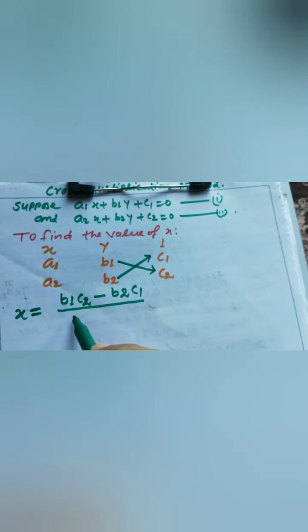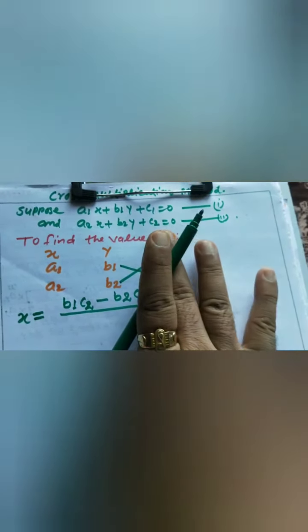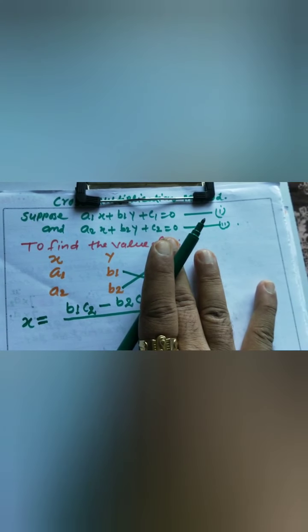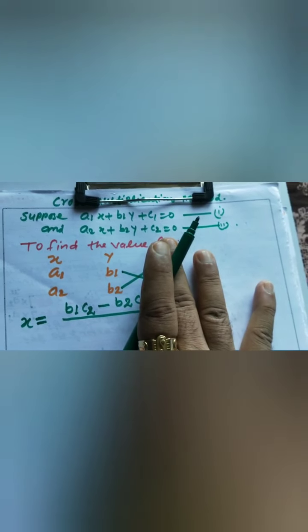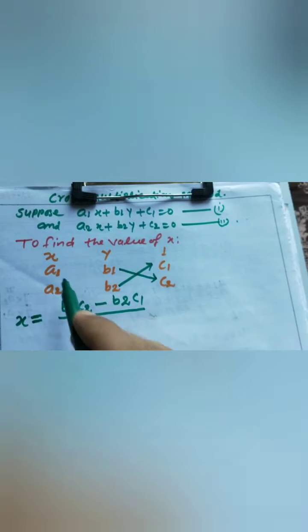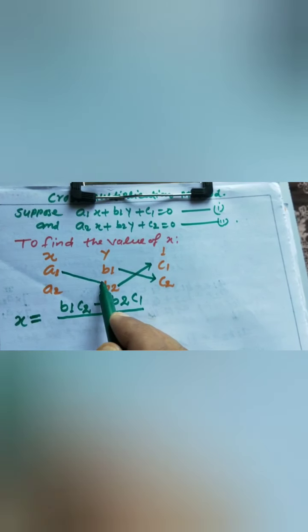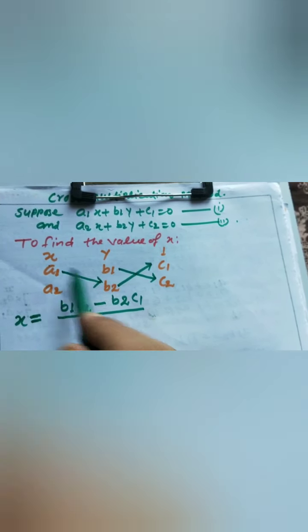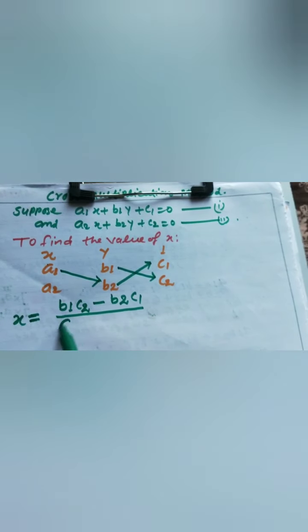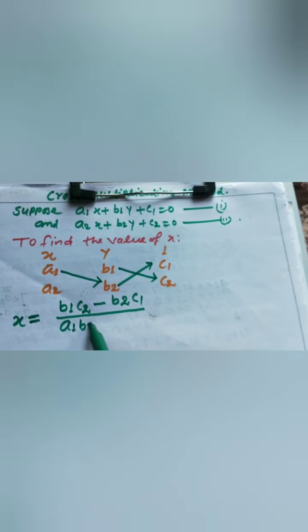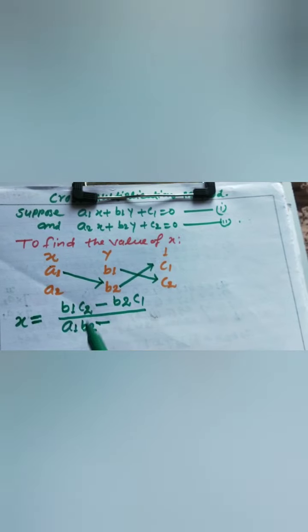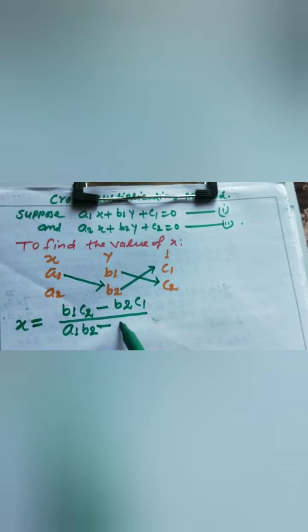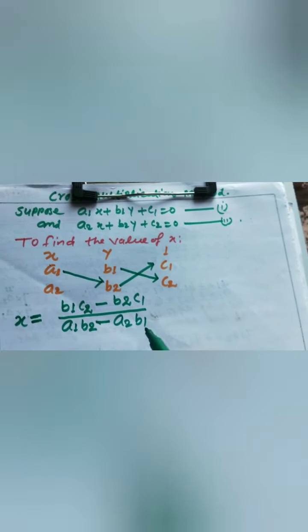Now to find the denominator, you have to put your finger on the constant terms, and similarly multiply like that. a1 multiplied by b2 will be a1 b2, and a minus sign will be here, a2 multiplied by b1, so it will be a2 b1.